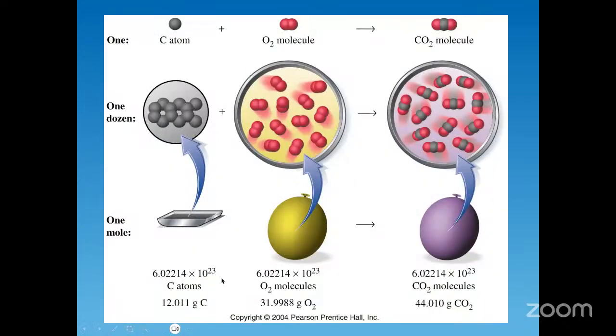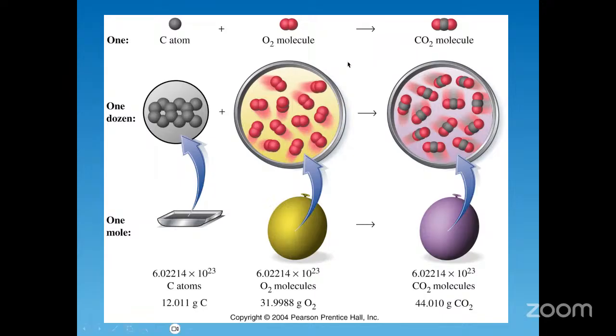Okay, so just to expand on our understanding of this whole mole concept, let's look at this simple reaction: the reaction between carbon and oxygen to form carbon dioxide. So that is represented by these spheres here, right? So you can clearly see it's a 1-to-1-to-1 ratio in terms of the atoms and molecules present.